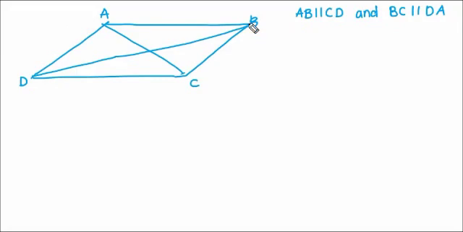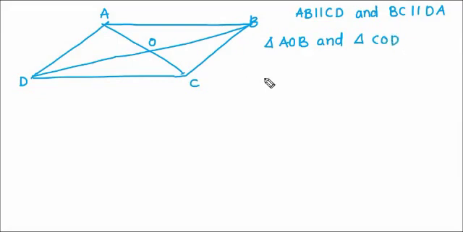Now let's talk about the third property, which is related to diagonals. So again, let's draw one parallelogram. So we have drawn two diagonals, AC and BD. Let's call the point of intersection O. And let's talk about triangles AOB and triangle COD.